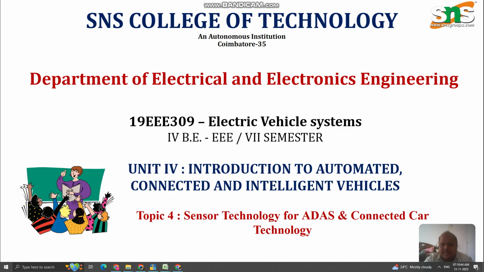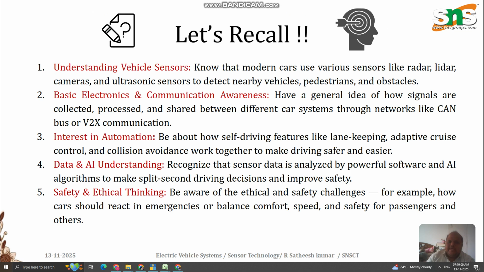This topic comes under unit number 4 in the introduction to automated, connected, and intelligent vehicles. Before going into the topic, we have to understand what sensors can be used in vehicles, the basic electronics and communications that take place in electric vehicles, and what kind of communication buses are used in electric vehicles.